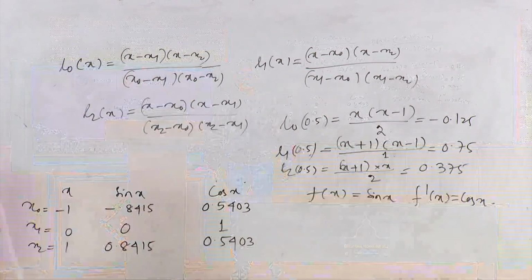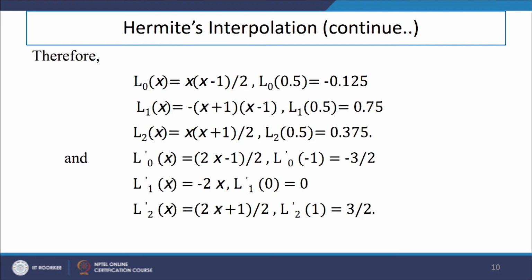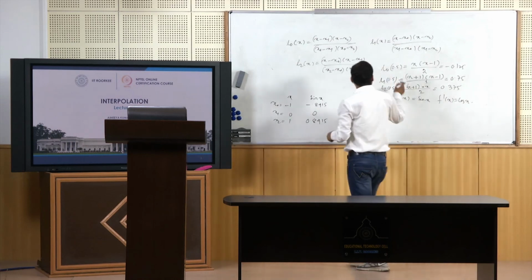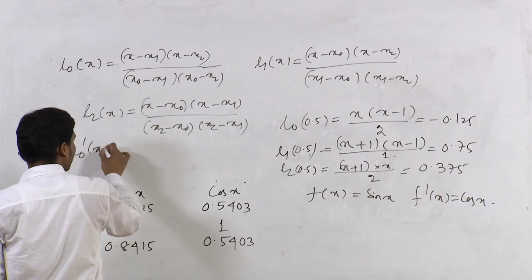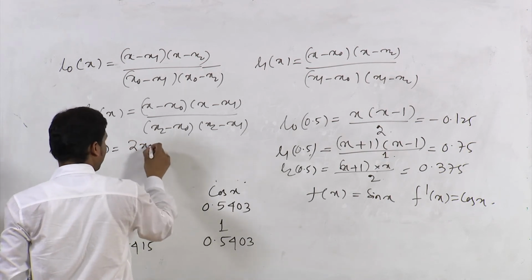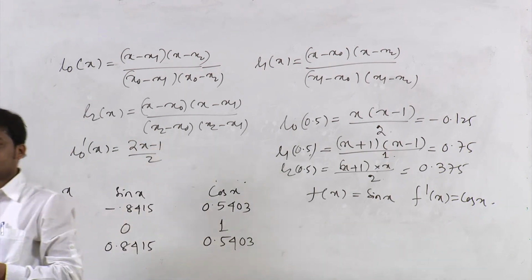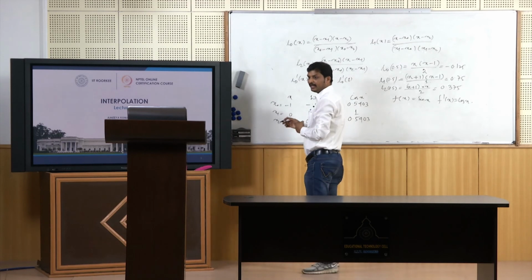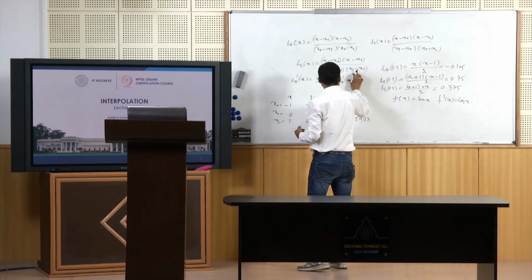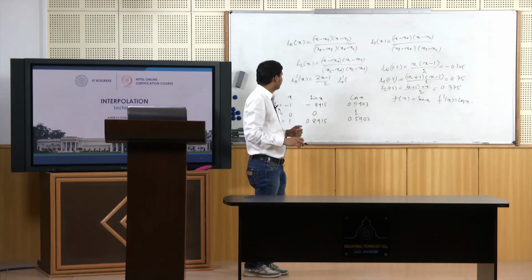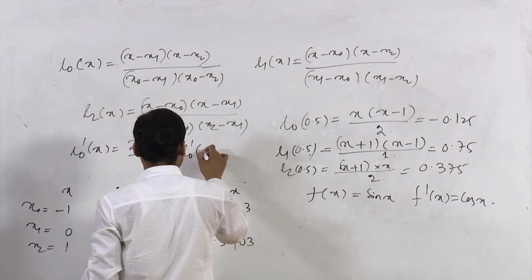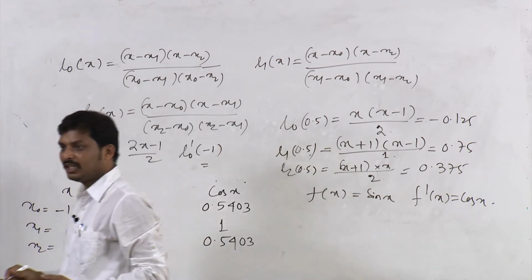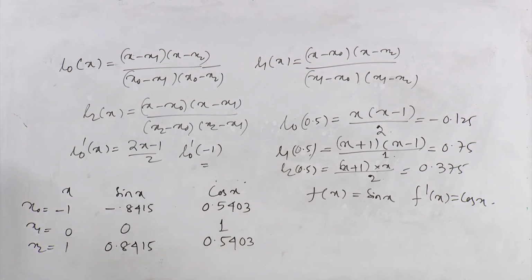So similarly we can obtain L0 dash of x, that is directly if you differentiate here, since this is the polynomial we are getting here. So L0 dash x we can write as 2x minus 1 divided by 2 here, and L0 dash of minus 1 if we want to find, since we have the points like minus 1 here, we can obtain that one as minus 3 by 2 there.